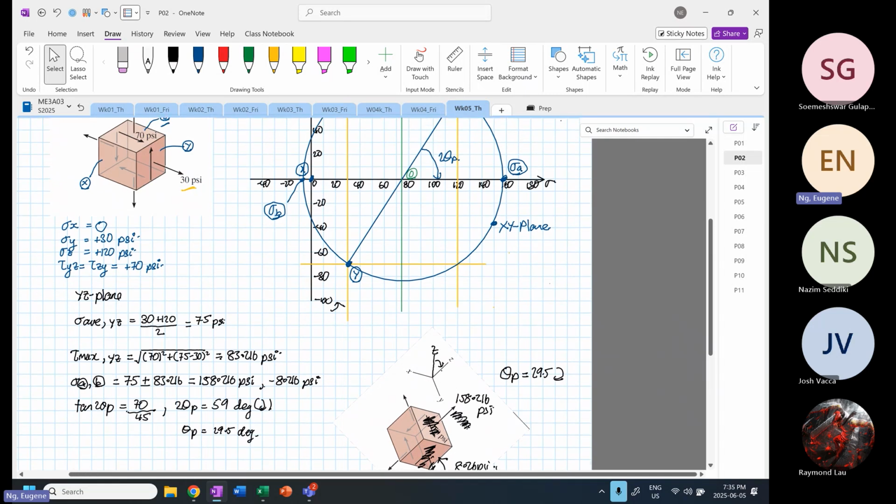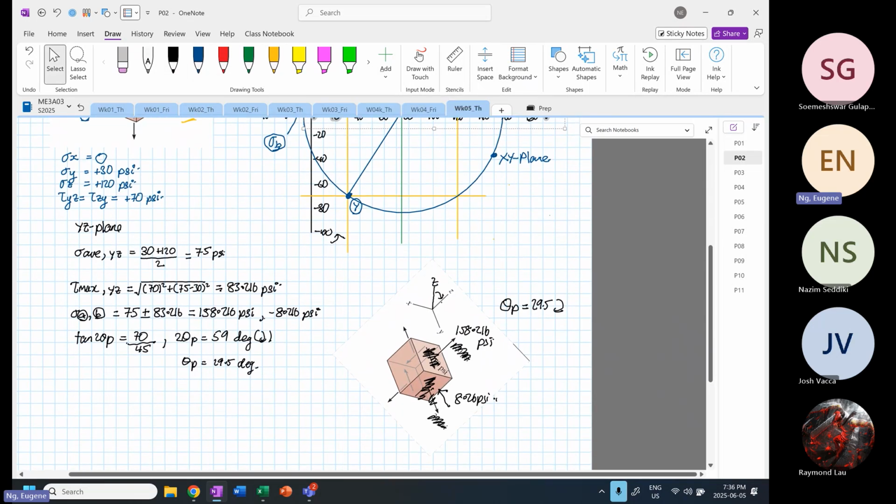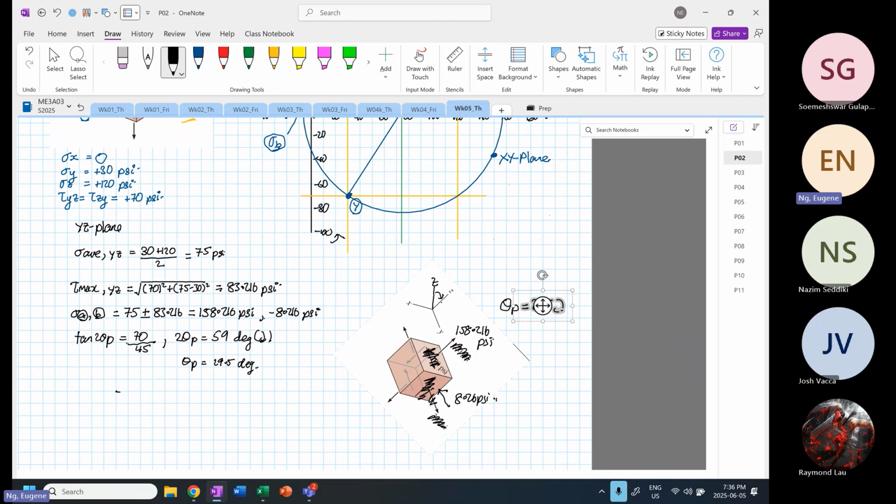Okay, so the next thing that we want to draw now is the XY plane. So this is X, okay, and Y plane. So if I'm going to now draw the circle, I'm going to draw the element. Okay.